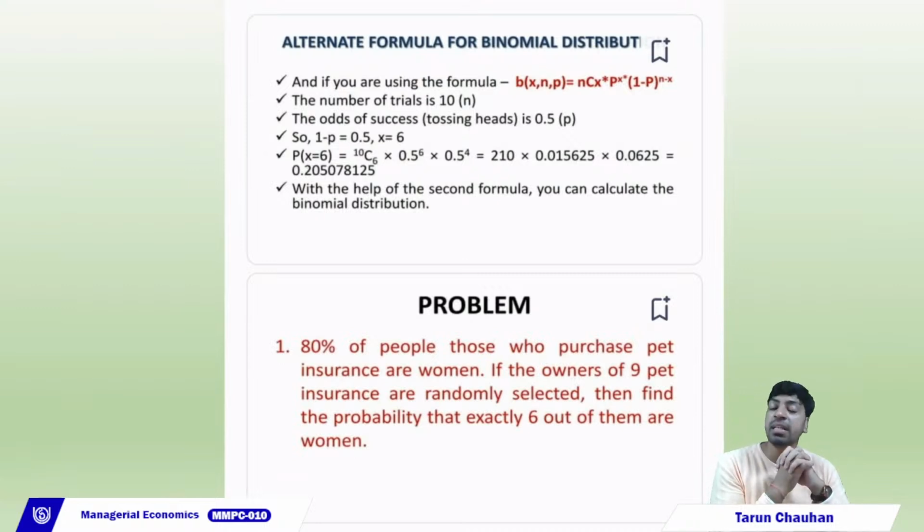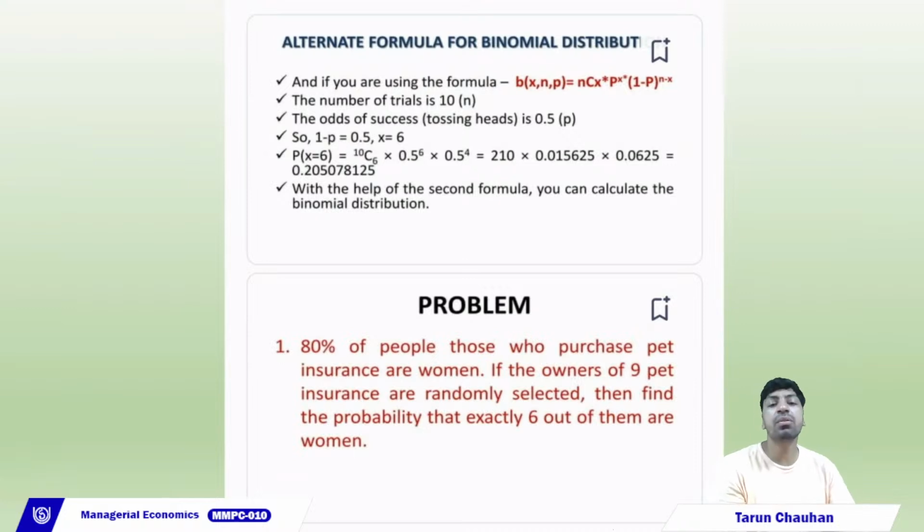If the p value is less than 0.50, it is a positively skewed binomial distribution. So this is the way you interpret the probability values using this particular distribution, and the way to interpret the results in statistics or mathematics.